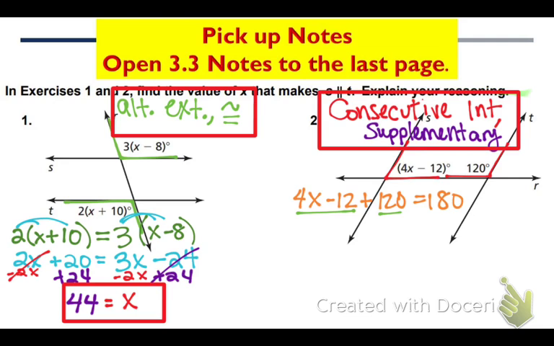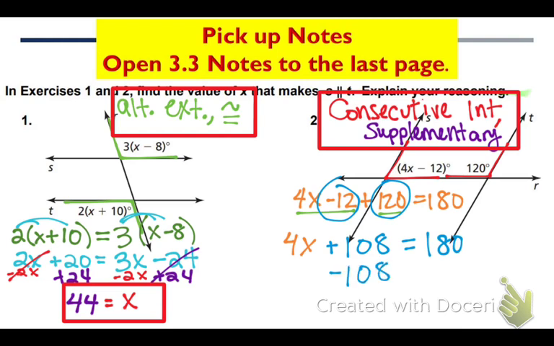4x minus 12 plus 120. So minus 12 plus 120 is? What is it? Guys, what's 120 minus 12? 108. And it equals 180. So my next step, subtract 108.